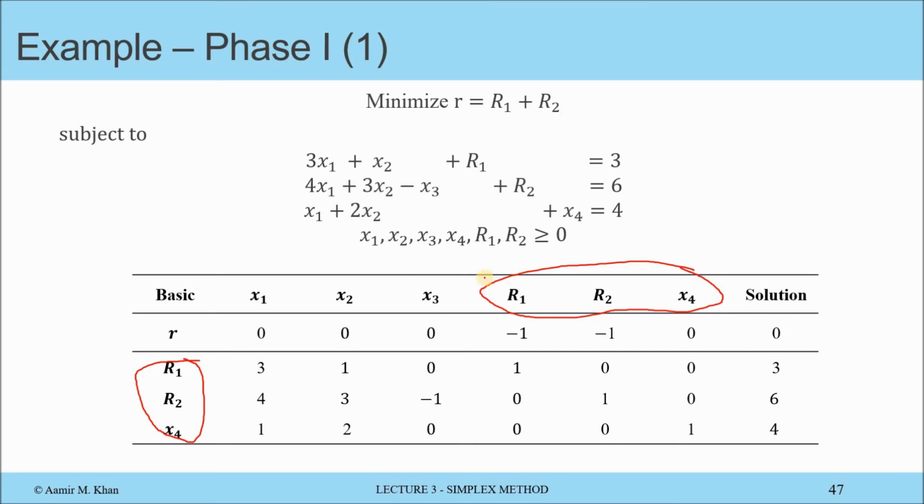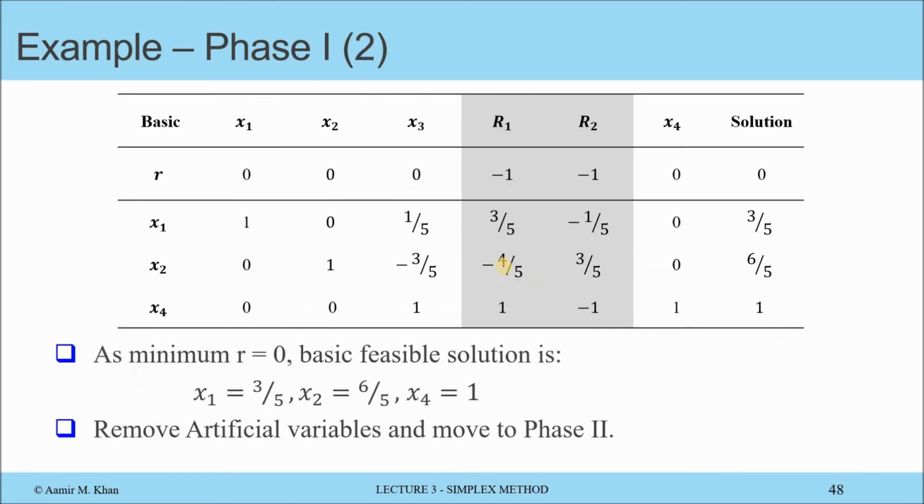You need to proceed as we have seen in the simplex method, and you do the same steps for entering and leaving variables, and finally you will reach this one.